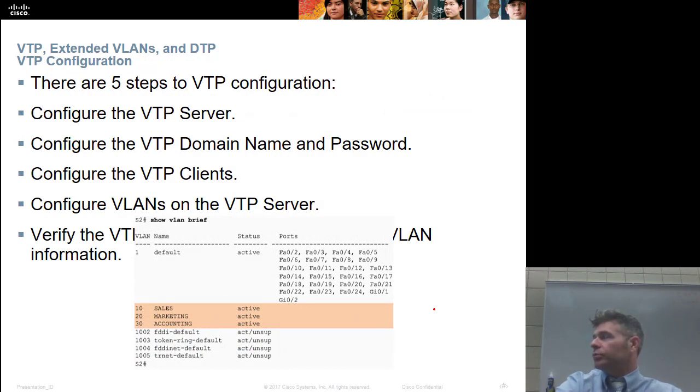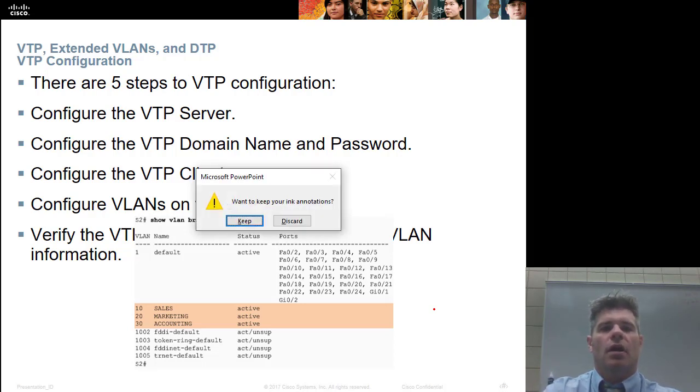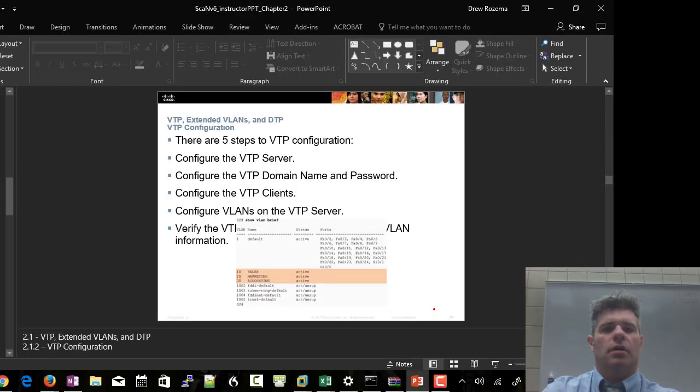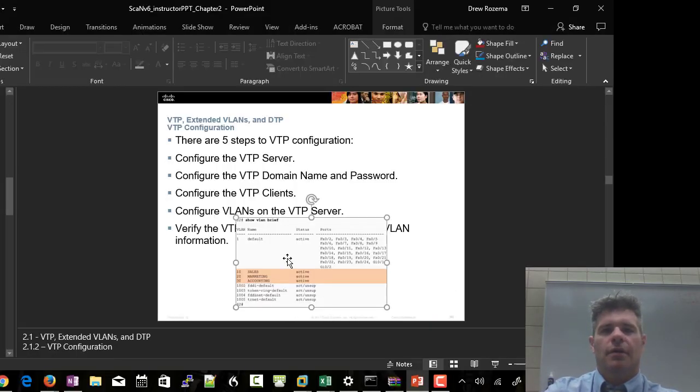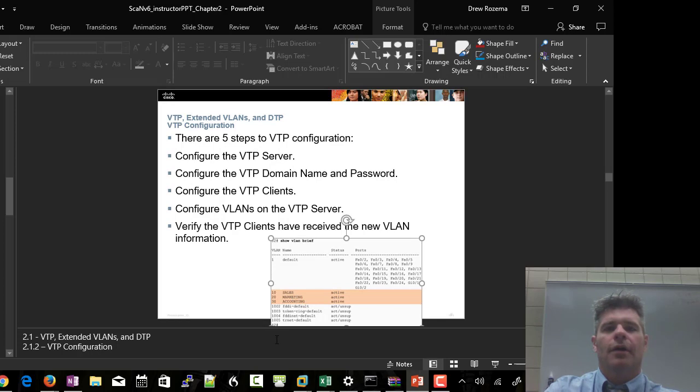How do we set this stuff up? Well, set up a server, give it a name and a password, a domain name, the domain of the VLAN. Add some clients, and then configure the VLANs on that server so that they echo out to the clients. We'll help Cisco out here.